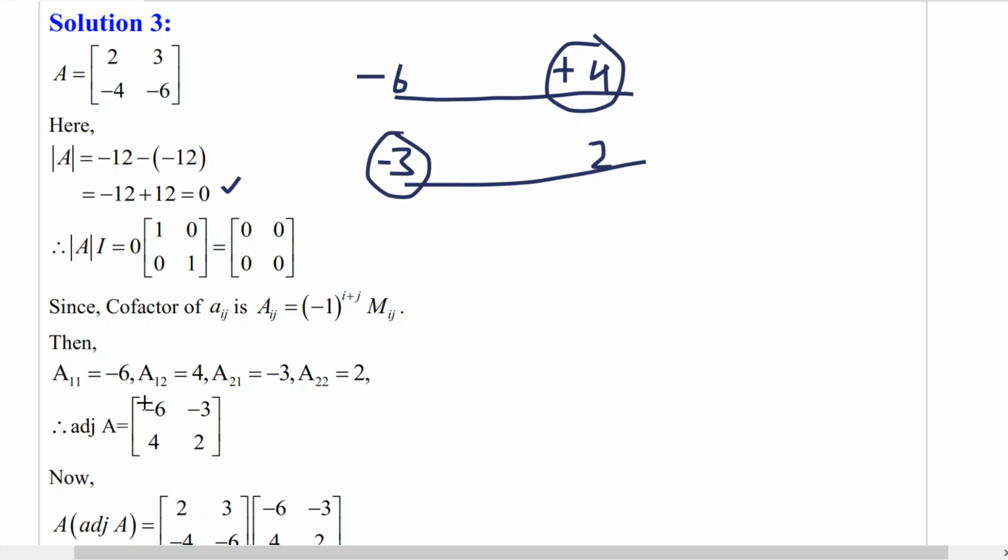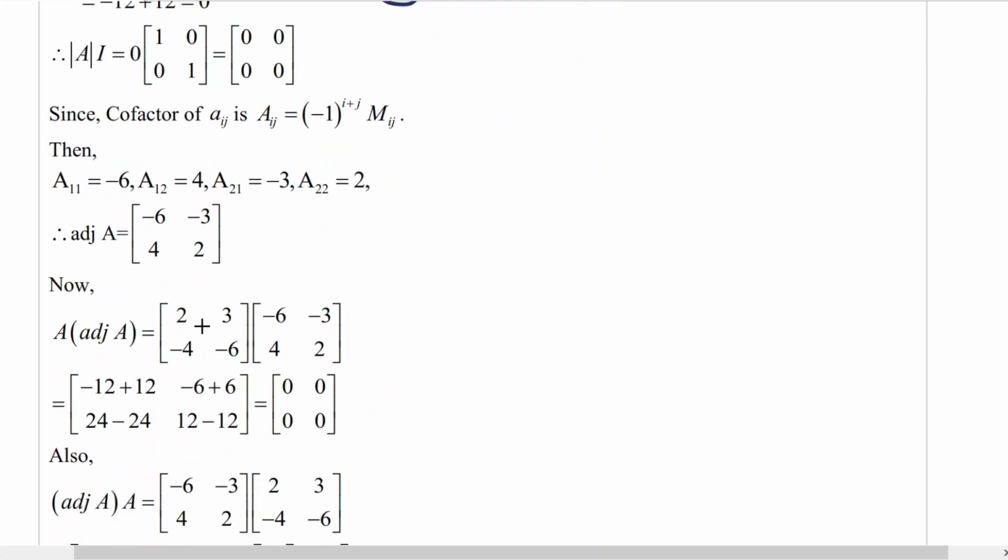So for A into adjoint A, A is this and adjoint A is here. Simply we'll multiply. Don't forget the old things while doing the new things. Multiplication is done by row into column. 2 into minus 6 is minus 12, 3 into 4 is 12.